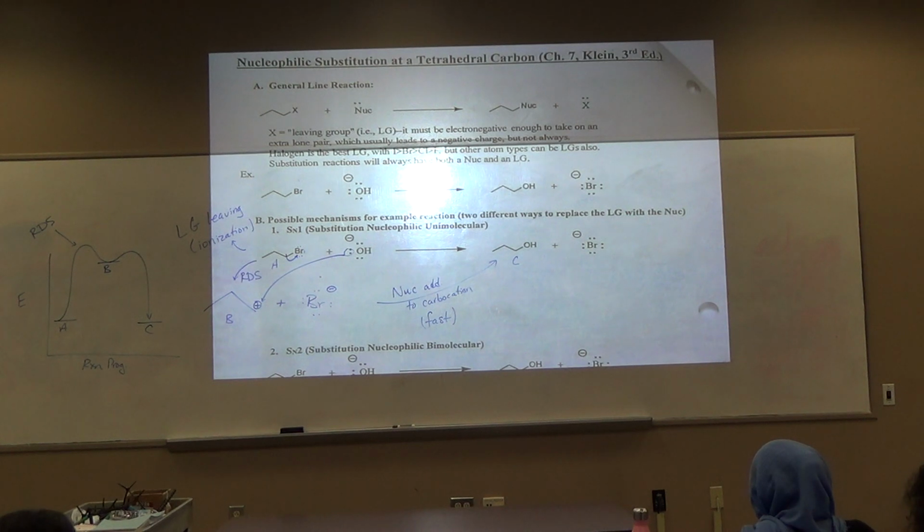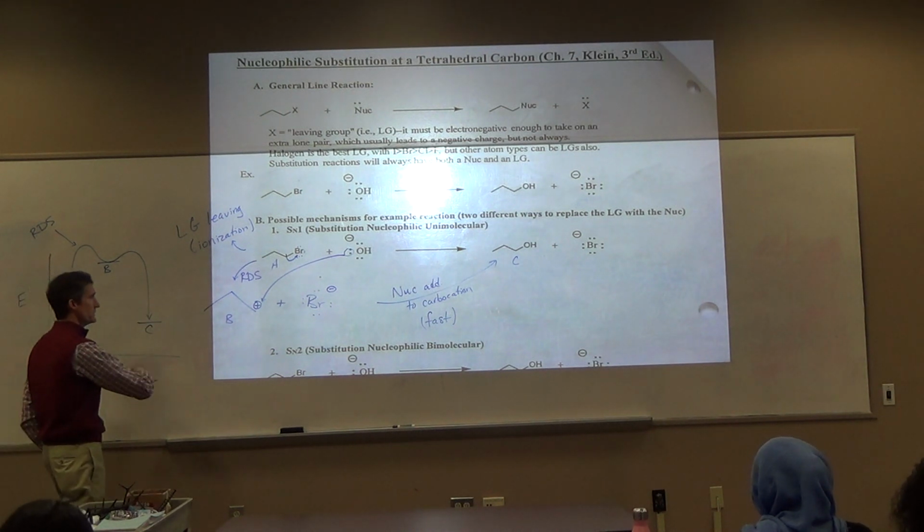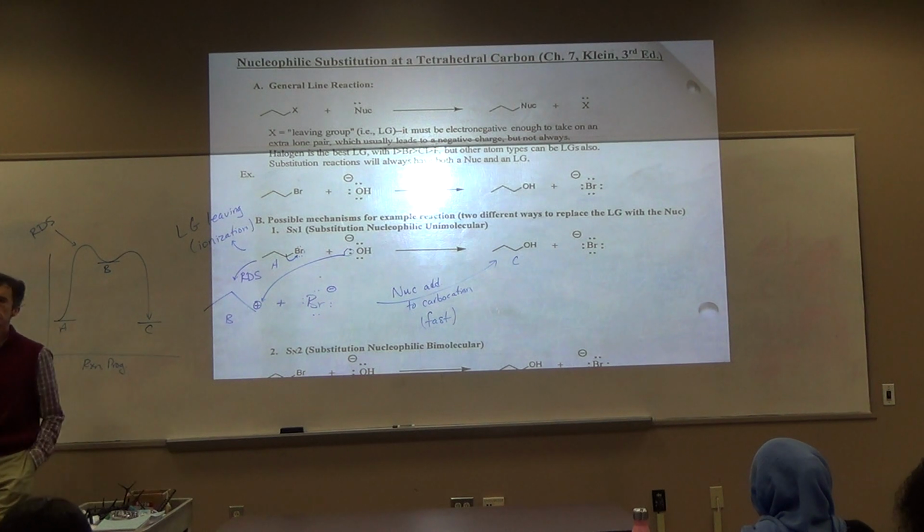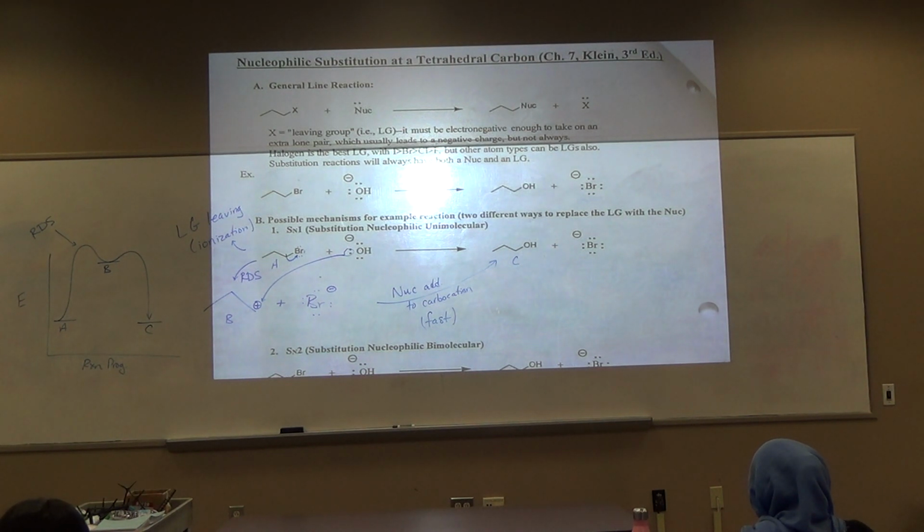That is a potential substitution mechanism by a nucleophile replacing the leaving group. Do you like this mechanism? Do you like it, or would you rather see one that might be better for some reason? Is there anything you don't like about this mechanism? The primary carbocation? Yes, thank you. Primary carbocations are typically bad.